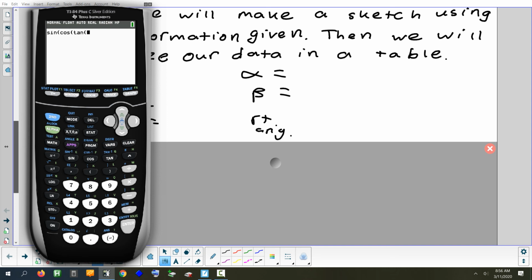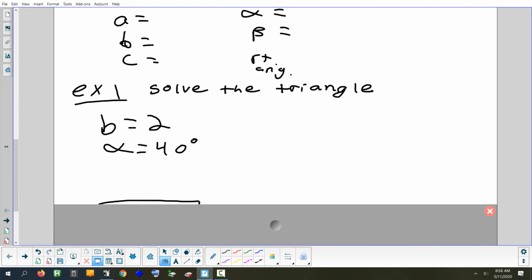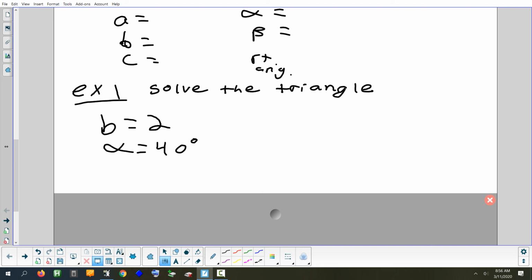You don't need secant, cosecant, or cotangent for anything in these problems today, so we won't talk about those at all. As far as notes and explaining what you need to do, that's pretty much it. So we'll do 2 or 3 examples, and then we'll do a word problem, and then that'll be the section.